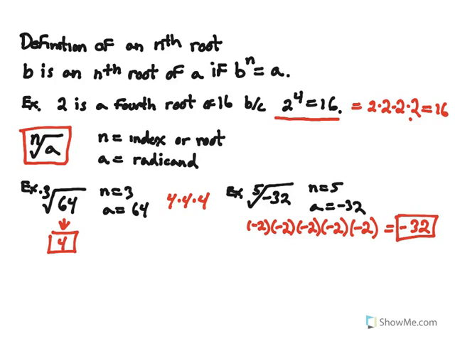Now, just keep in mind that if you have an even root and a number under the radical that's negative, you can't do that, because every time you multiply two pairs of negatives, you're always going to get a positive. So, for example, a good example would be this.